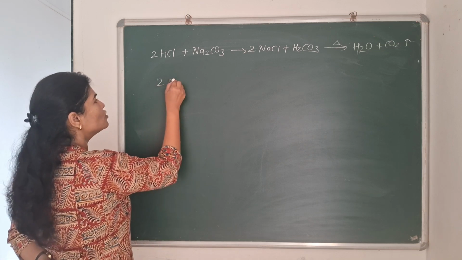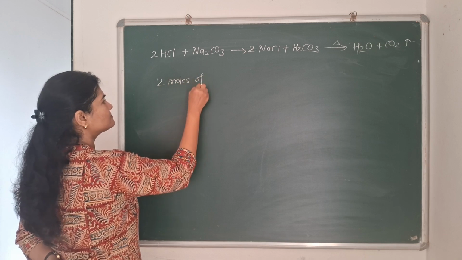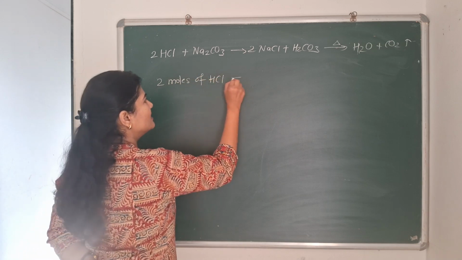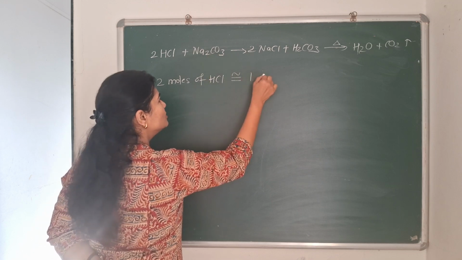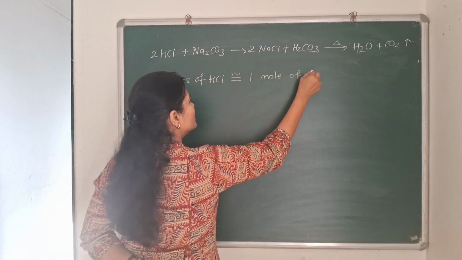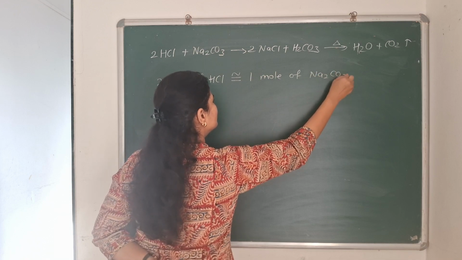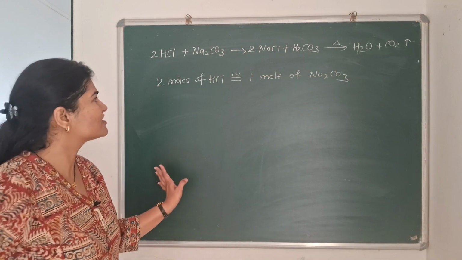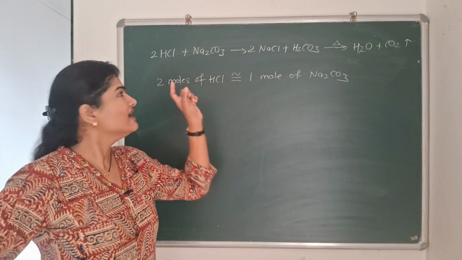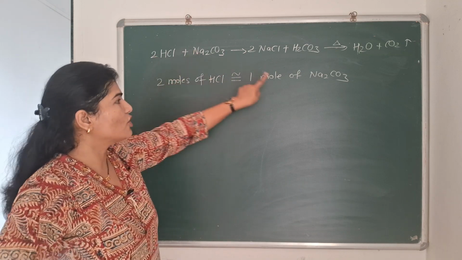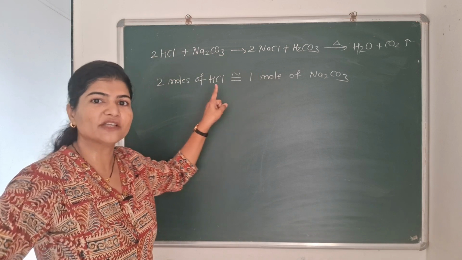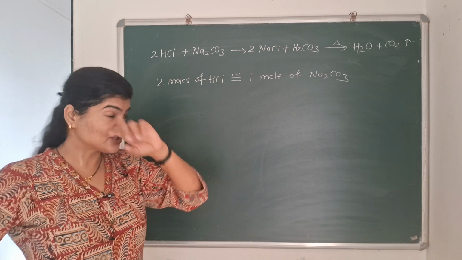So 2 moles of HCl are equivalent to 1 mole of sodium carbonate. This is my basic understanding of this reaction. The 2 moles of HCl are reacting completely with 1 mole of sodium carbonate. You have to write this based on the balanced chemical reaction.